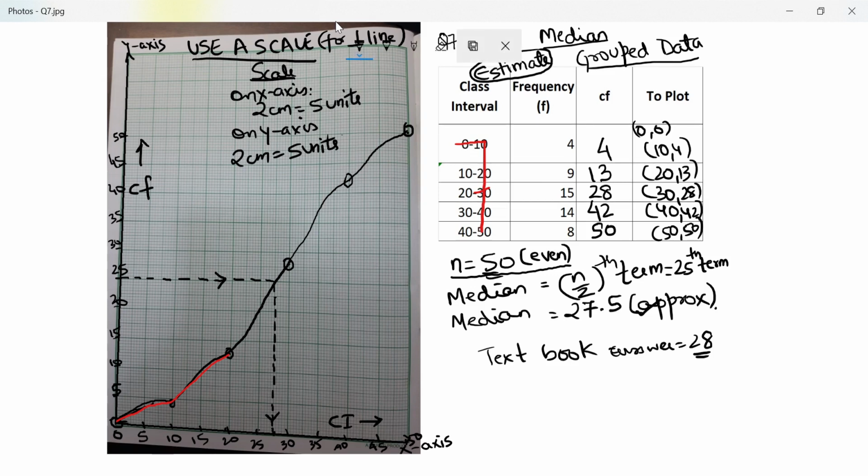This is 27.5. It is good practice to write the number here. I don't have space at the bottom, otherwise I would have written it there, so I put an arrow and wrote it here. And I check that I've written x-axis, y-axis, what I've plotted on y and x, and my scale.